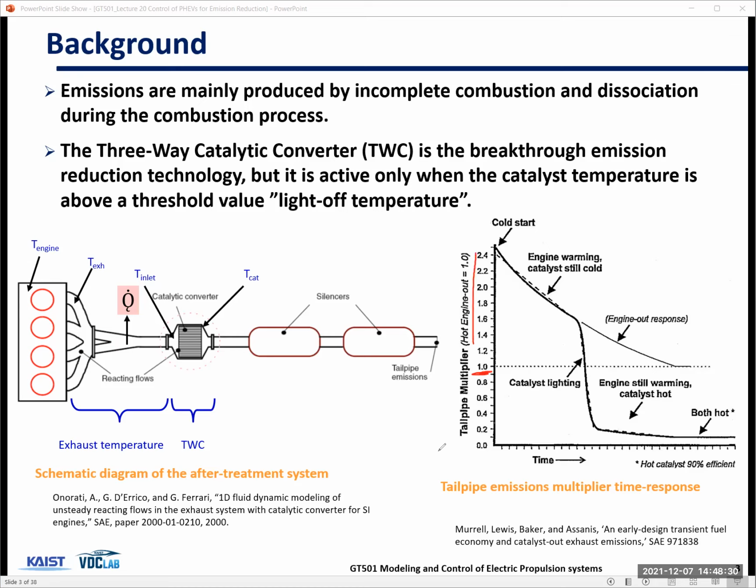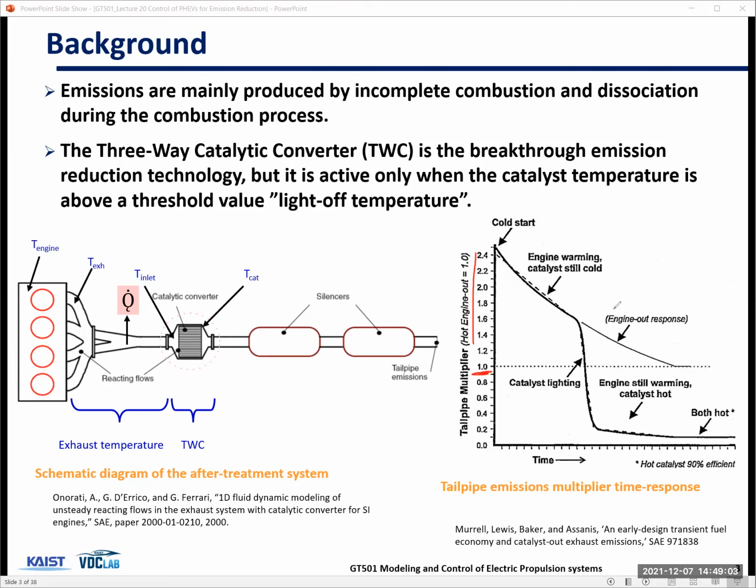If something is lower than 1, then you're converting the emission so that it's lower than the hot engine out emission. If something is higher than 1, then it means you're producing more emission than the steady state hot engine out emission.